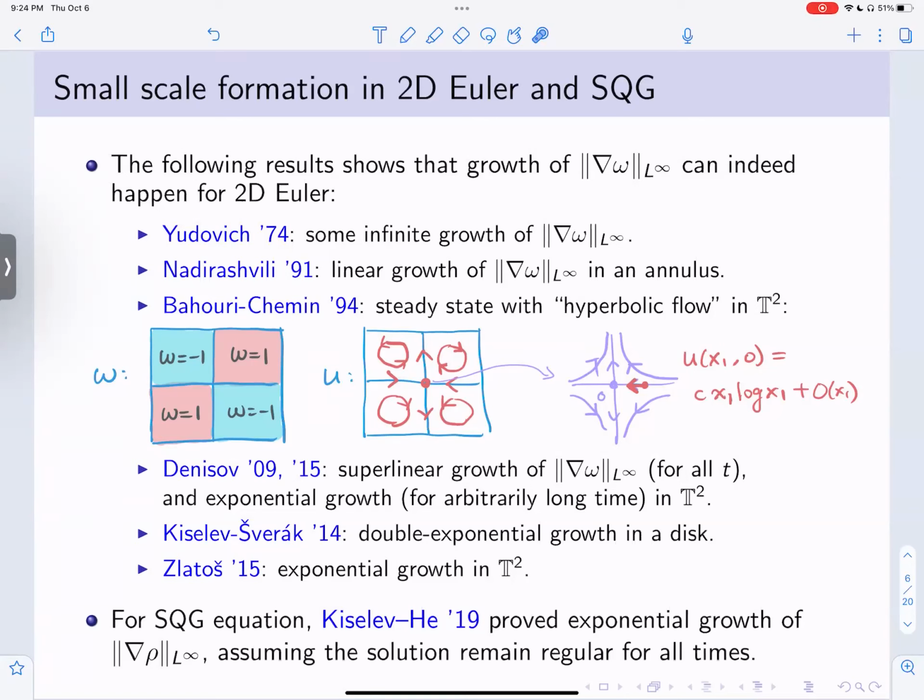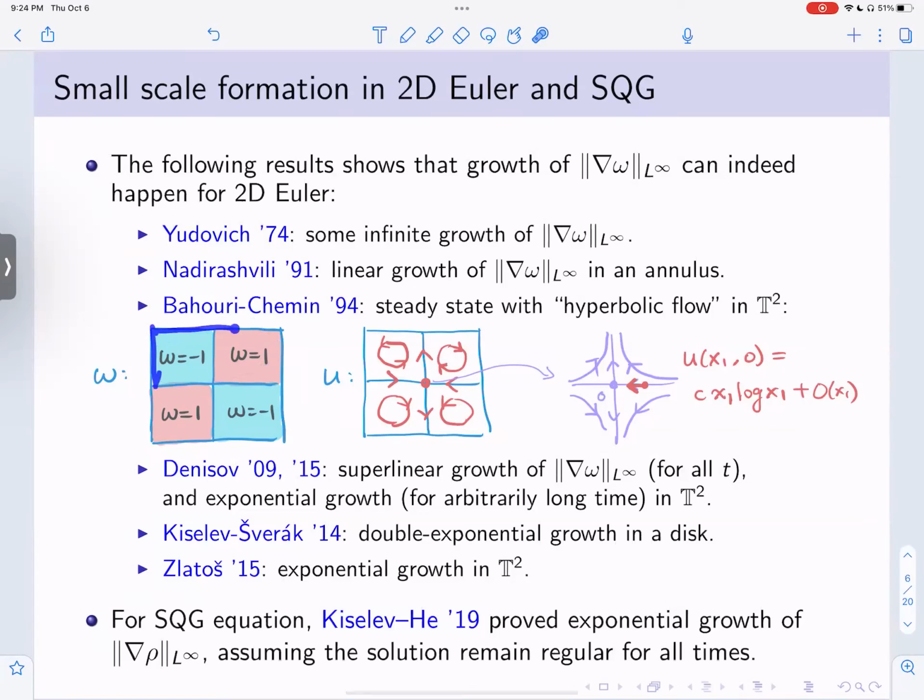But the recent breakthroughs in the past decades are about trying to construct smooth initial conditions near the steady state such that the solution retains this structure. This was first done by Denisov, where he used this idea to obtain superlinear growth. And then this was successfully used by Kiselev and Šverák, where they smooth out this initial data a bit.